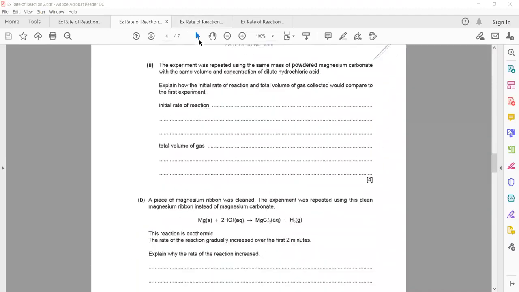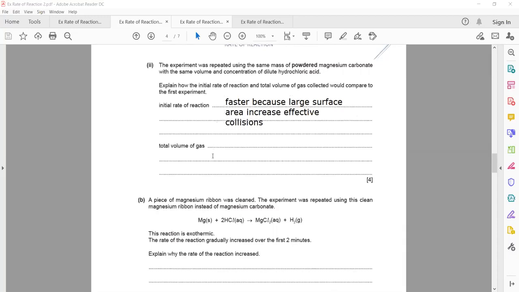So the answer here: what happened to the initial rate? Initial rate means the start of the experiment, so it will be steeper or faster because large surface area increases effective collisions.